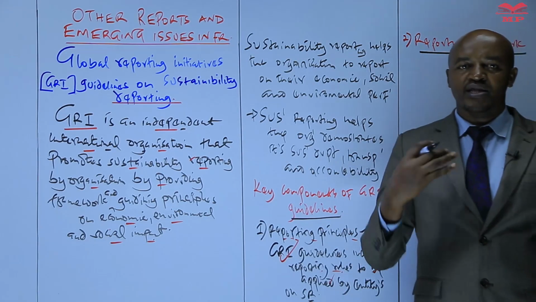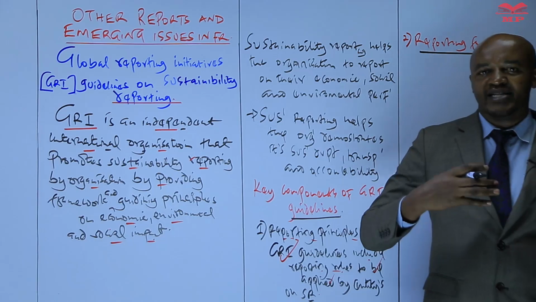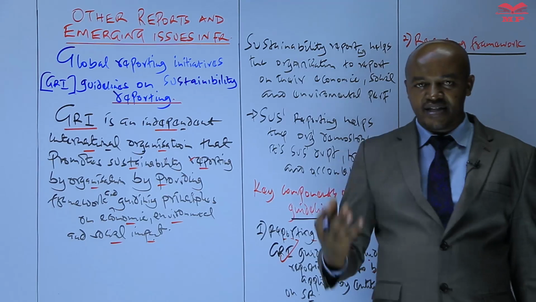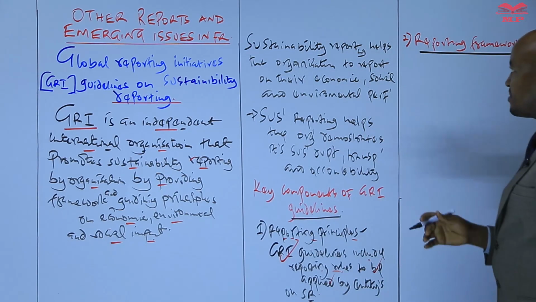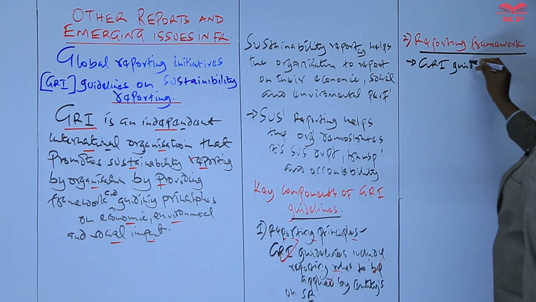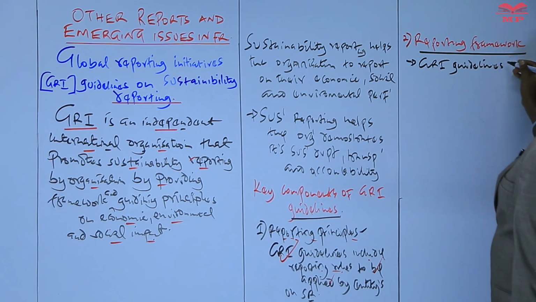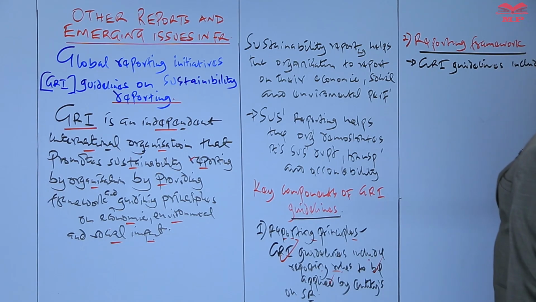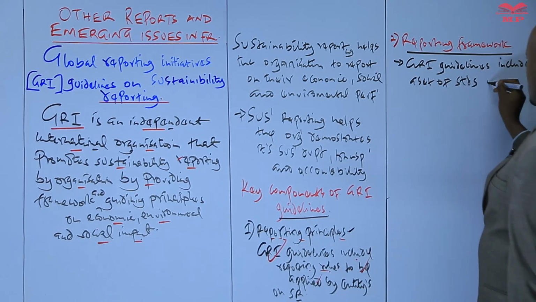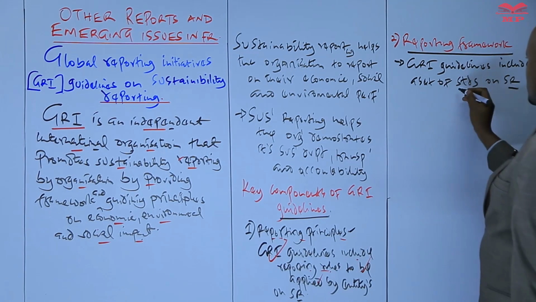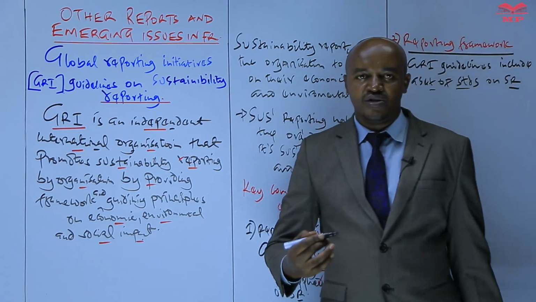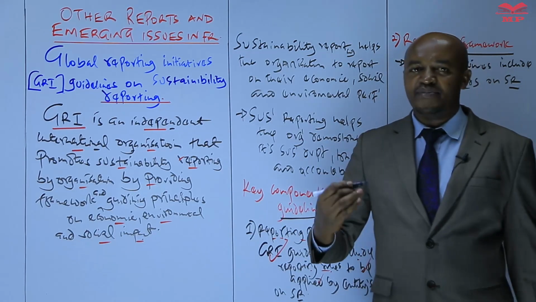But the reporting framework is a set of standards to be applied by organizations when undertaking sustainability reporting. So the guidelines include a set of standards to guide organizations regarding sustainability reporting.